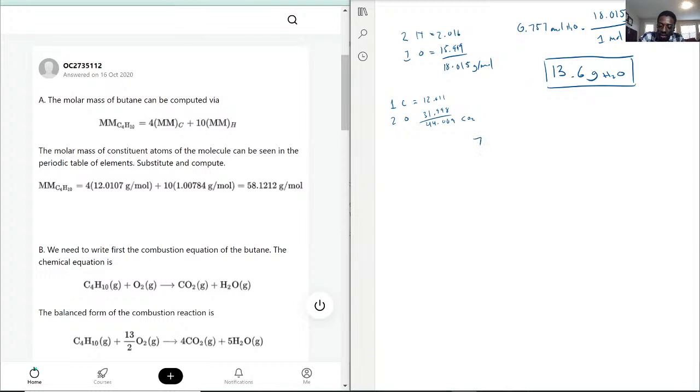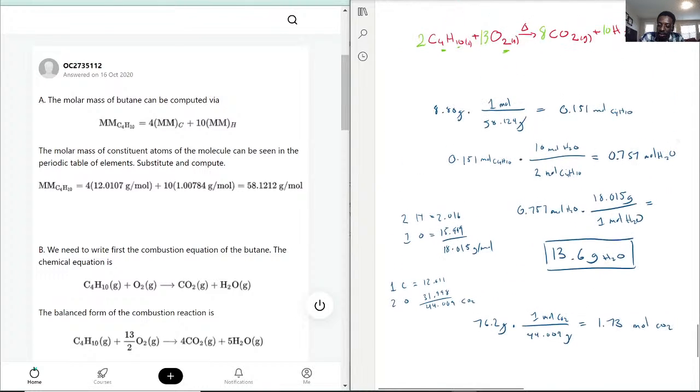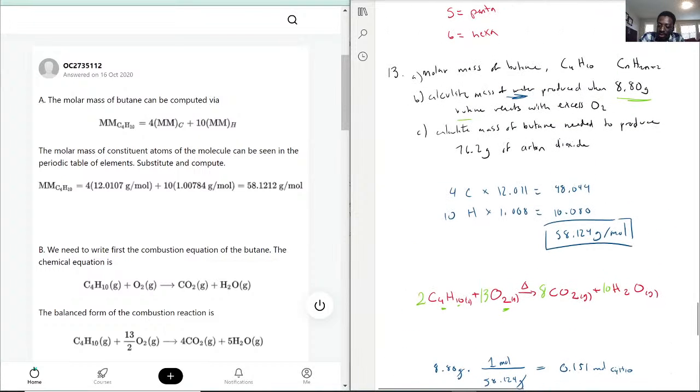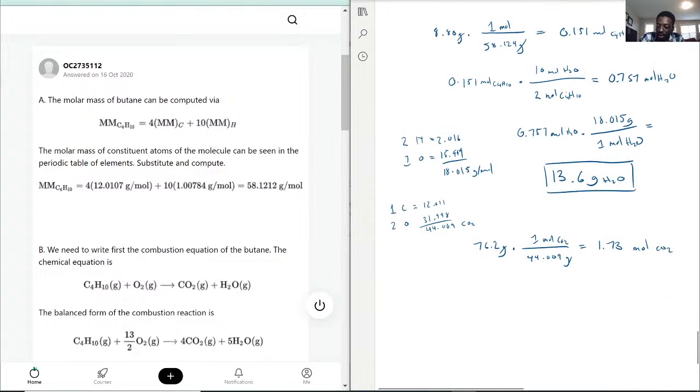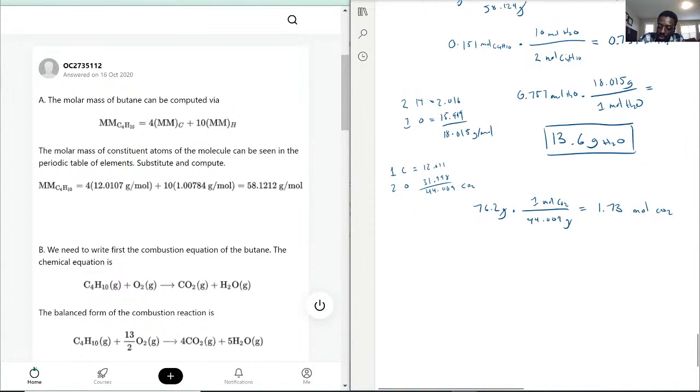So 76.2 grams. Okay, and now we know how many grams per mole. 1 mole of CO2. These two cancel out. So now we have 76.2 divided by that. That's 1.73 moles of CO2. And then based on the conversion factor here, 8 CO2 are produced for every 2 butane.